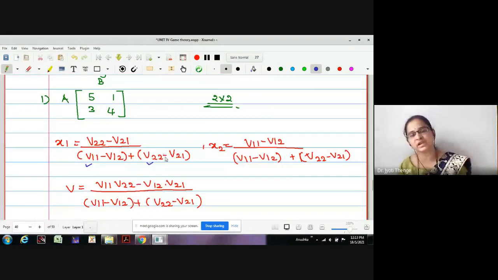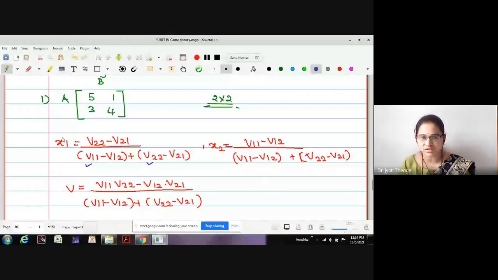If we write similarly for y1 y2, the numerator of y1 will be the difference of the second column. Numerator of y2 will be the difference of the first column. Let me explain with respect to A only first. Right. Now, what for the numerator of x1? Numerator of x1 is a difference of V22 and V21, that is second row elements.